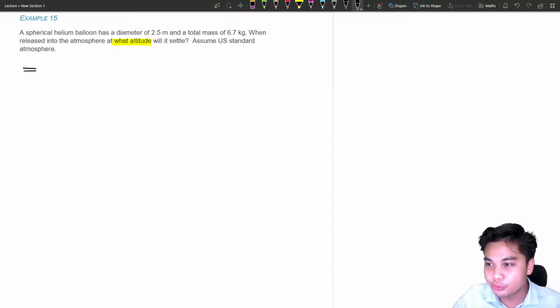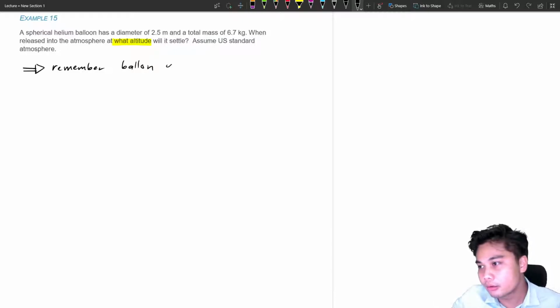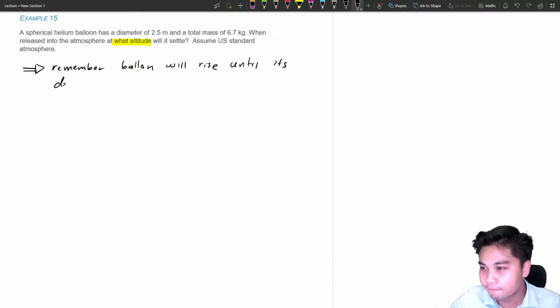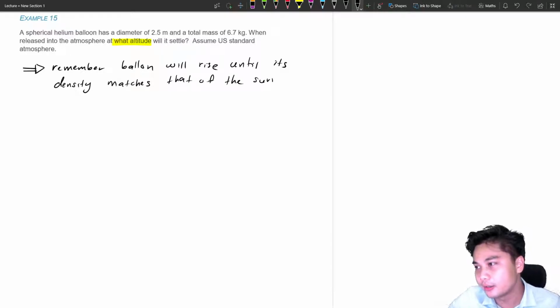First, you need to remember that the balloon will rise until its density matches that of the surrounding fluid.